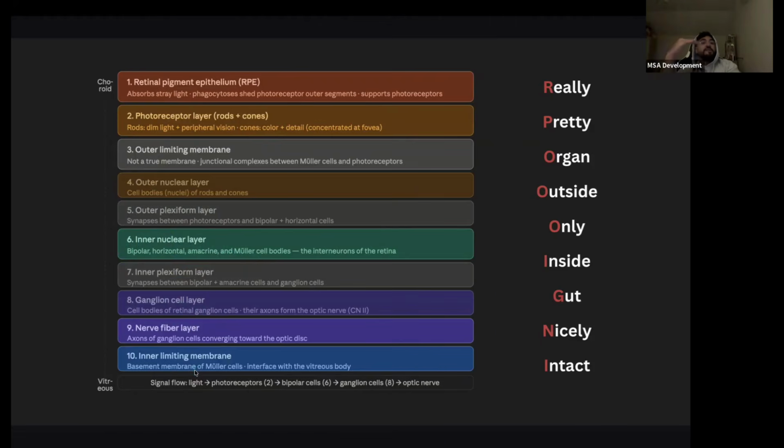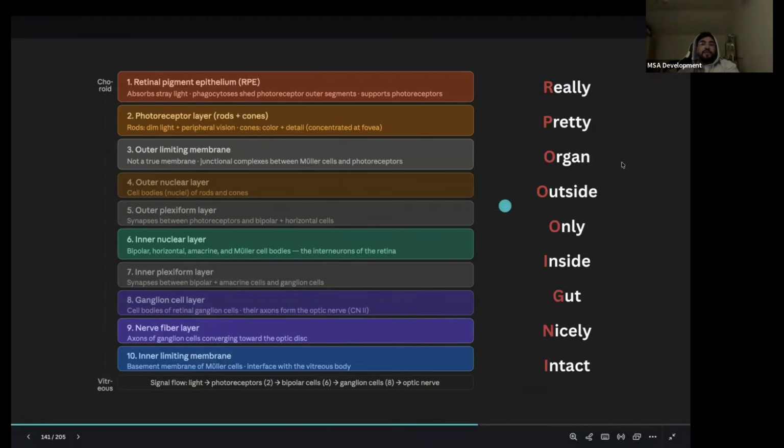This is how you signal vision. Photoreceptors, the rods and the cones, then bipolar cells, to the ganglion cells, all the way to the optic nerve. Okay, and this is a mnemonic that you can use to remember the layers.